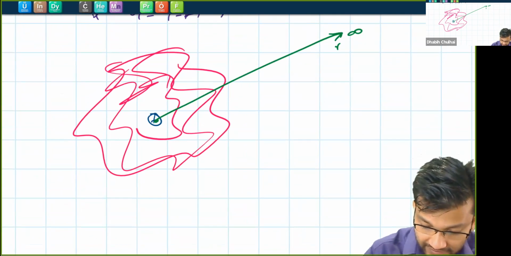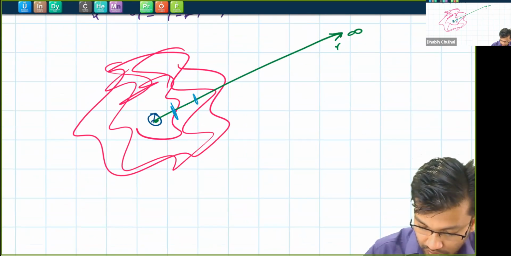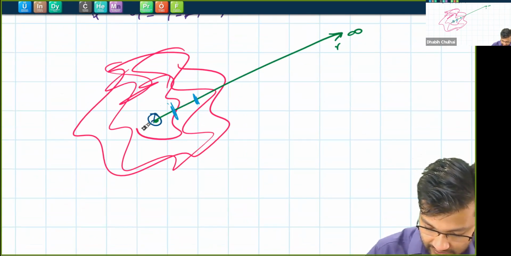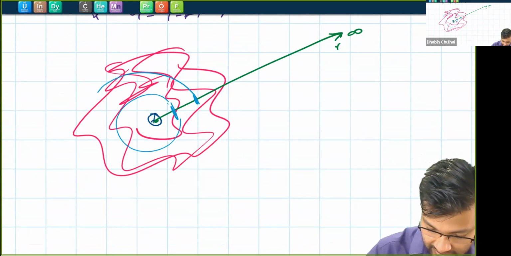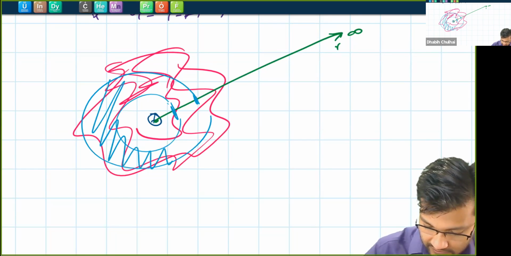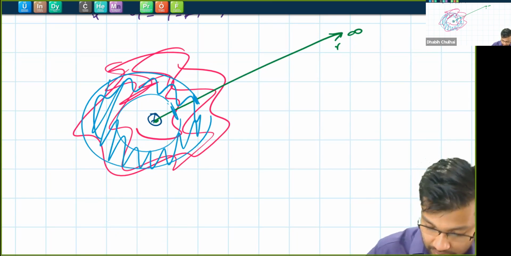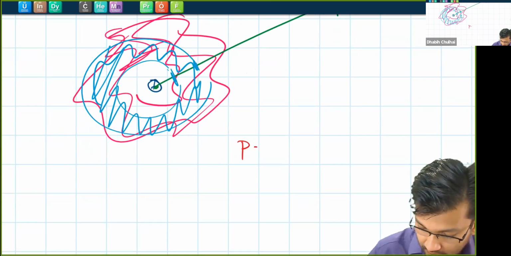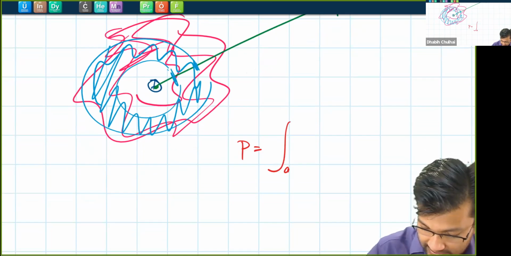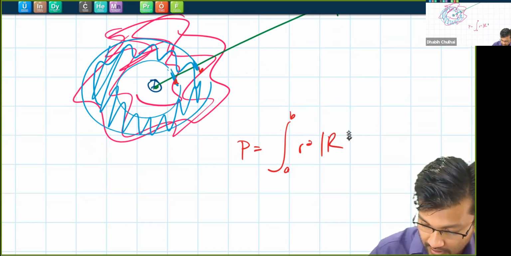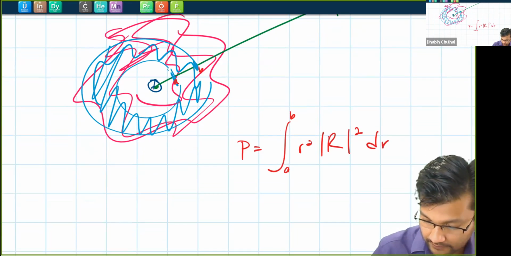And you wanted to find a probability between any 2 points along this radius. So it'll be the probability of finding the electron in that little shell. And that probability would be equal to, let's say this point is A, that point is B, the integral between A and B of r squared times the radial part squared, dr.